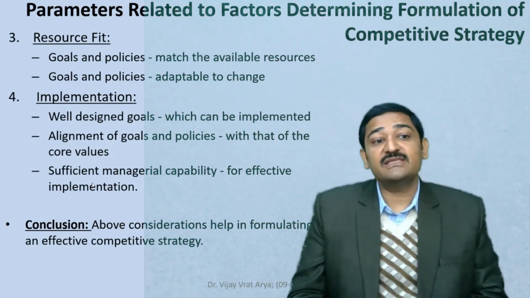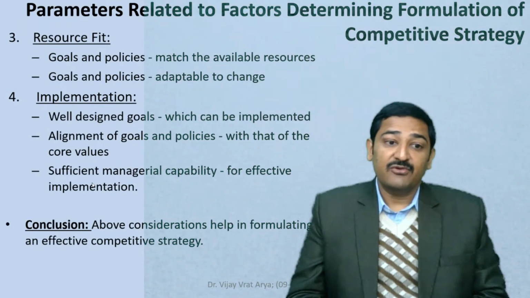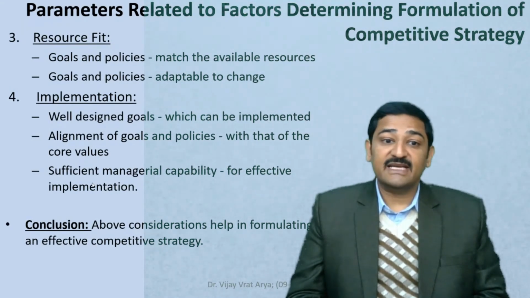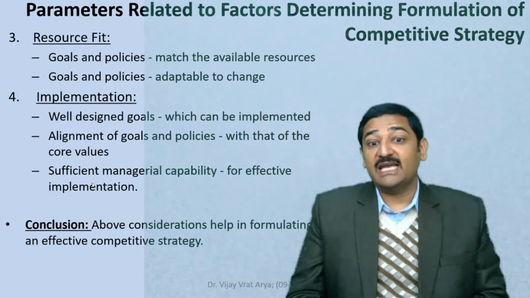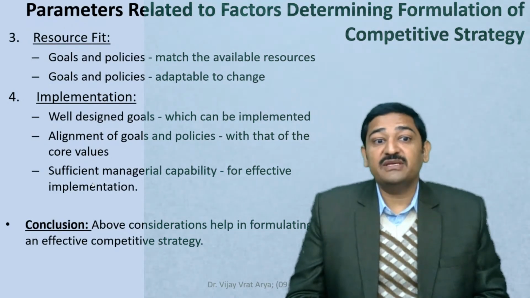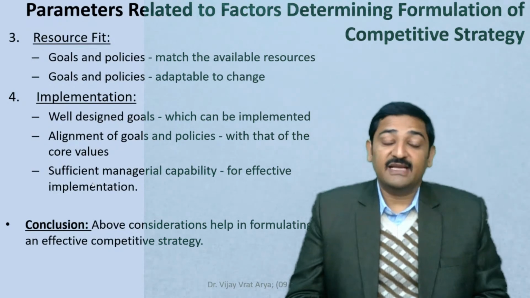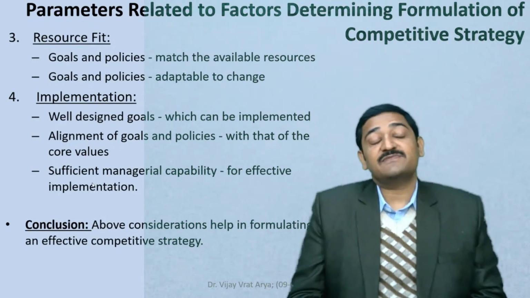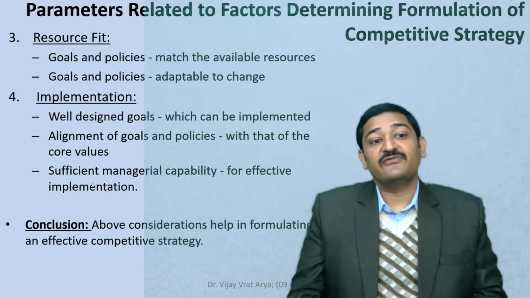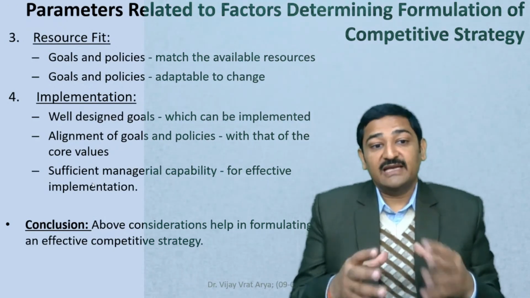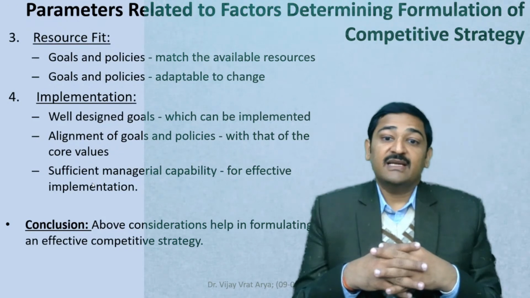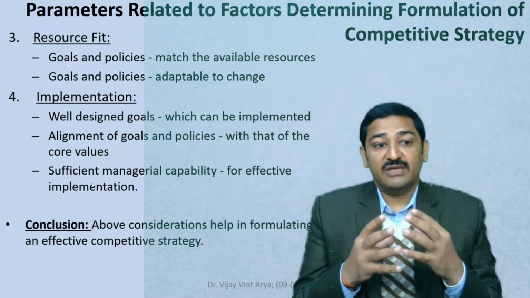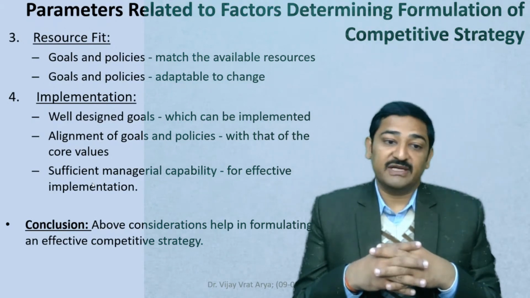The fourth factor is implementation, where three major parameters are considered. First, well-designed goals which can be implemented. It has to be more realistic rather than more imaginative. The second parameter within that factor of implementation is alignment of goals and policies with the core values of the organization. It has to have a link with the core values of the organization.